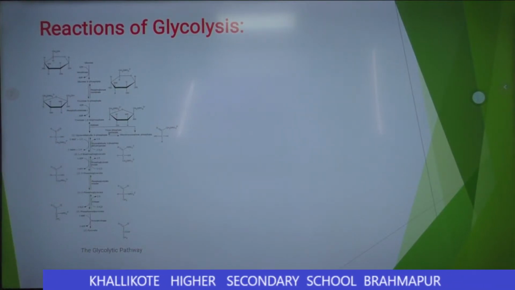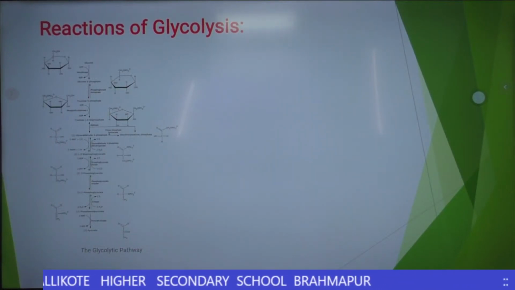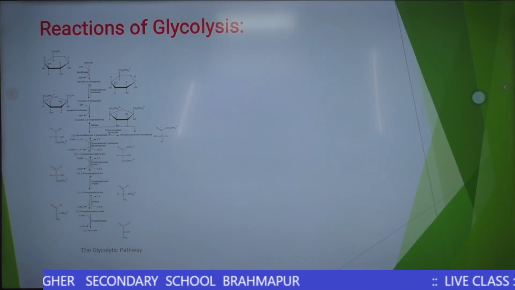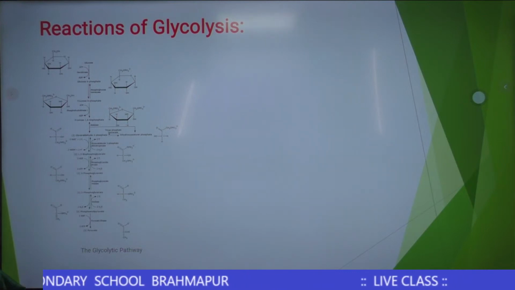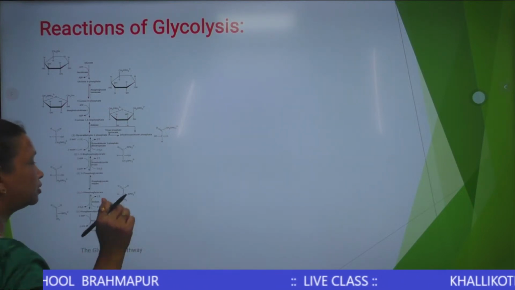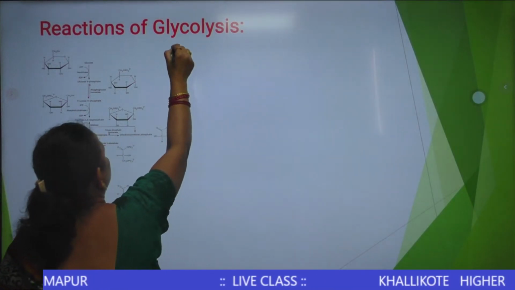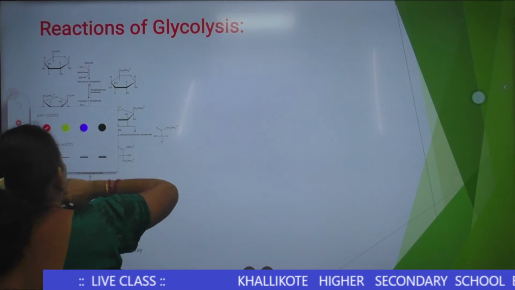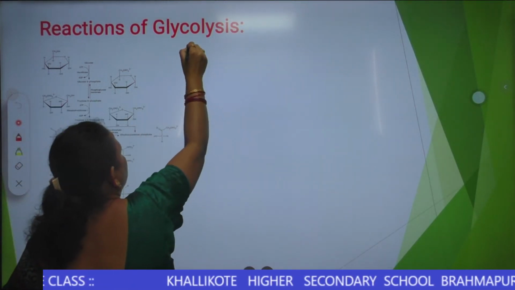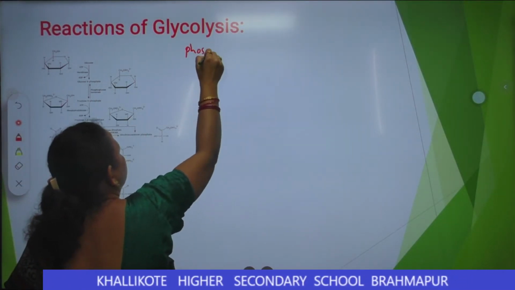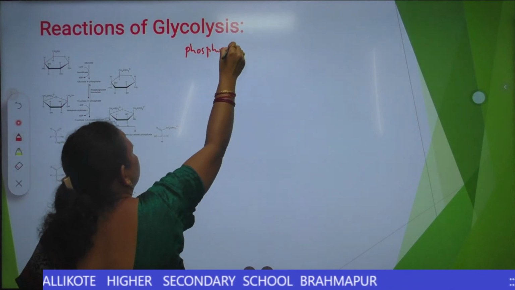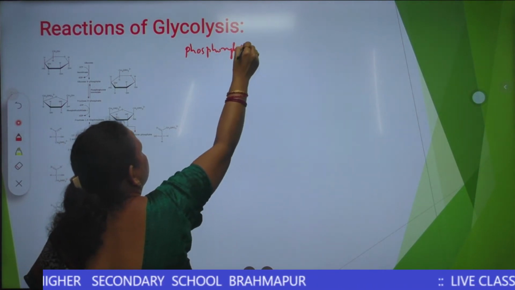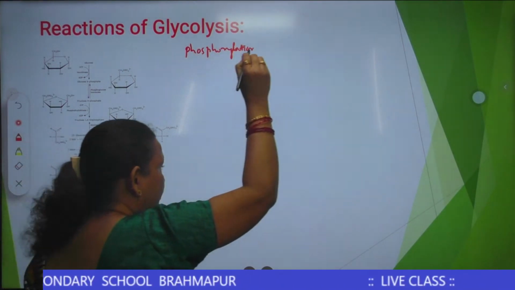So, going to the details of the steps of glycolysis, first let us go to the step which is called phosphorylation of sugar.